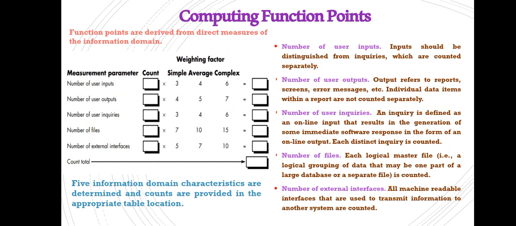And the next measurement is number of files. As we know, logical master files include logical grouping of data that may be one part of a large database or a separate file, and it is counted.